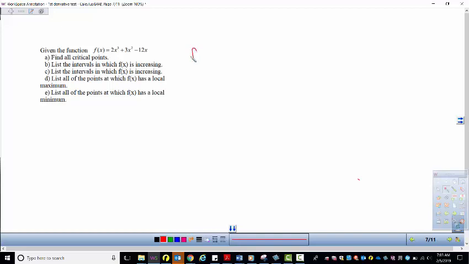To do that, I'm going to take the derivative of the function, which gives me 6x squared plus 6x minus 12. And I'm going to set that equal to 0 to find my critical points. The first thing I notice is that I can divide everything by 6. So I can just rewrite this as x squared plus x minus 2 equals 0.